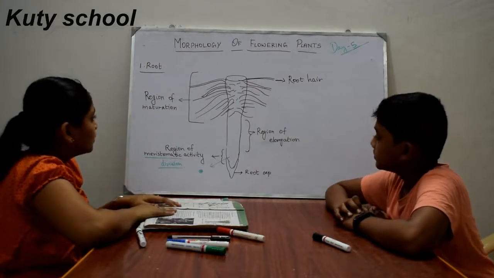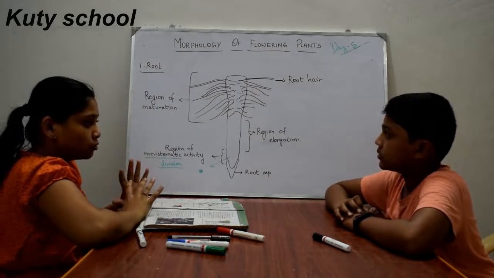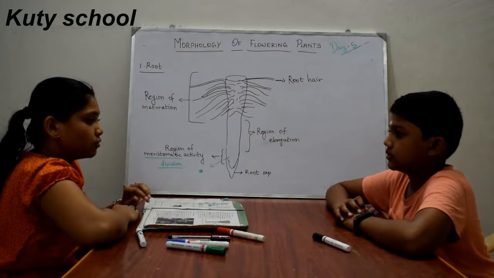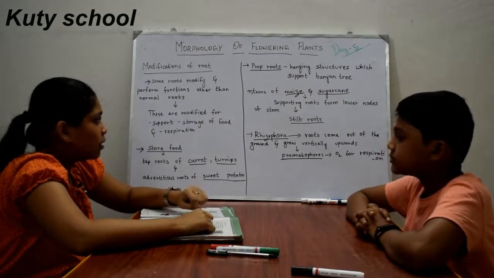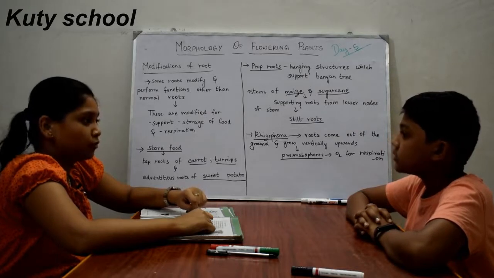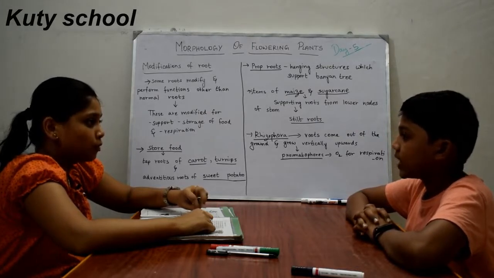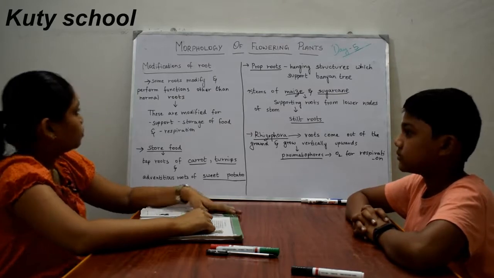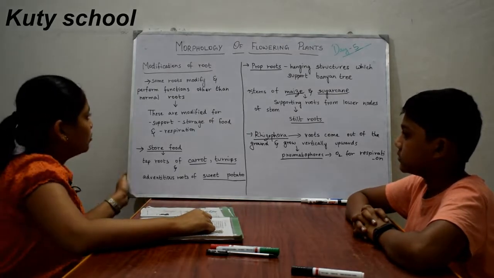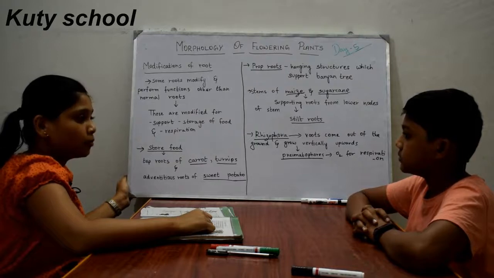So now we have seen the regions of root. Now we will see the modifications of root. How are roots modified? Some roots modify to perform functions other than normal roots.